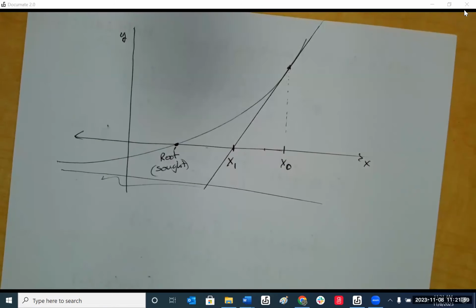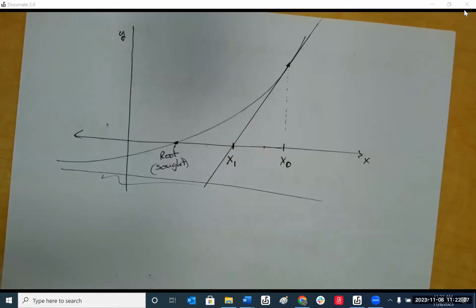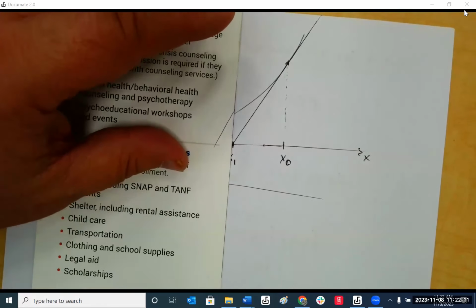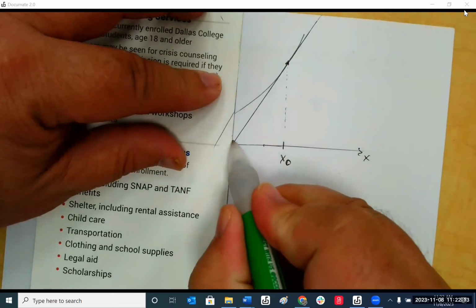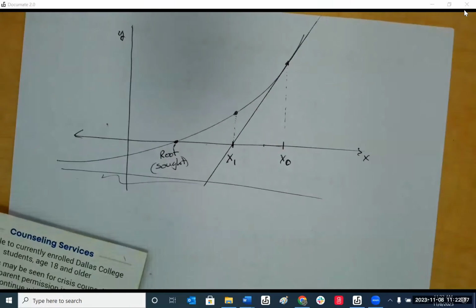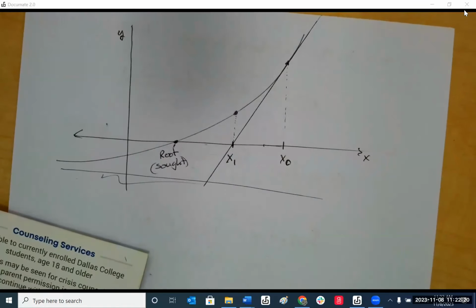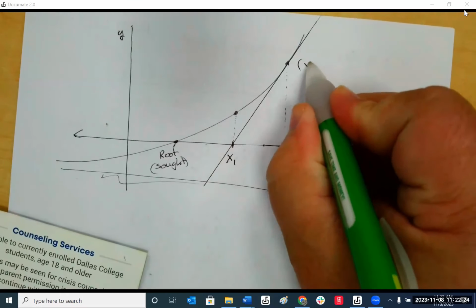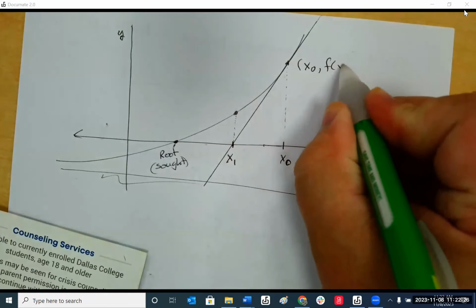So we take the first derivative, find the equation of the tangent line, and find out where the x-intercept of that line is. That is our next value of x. So at this point we have x0, f of x0.